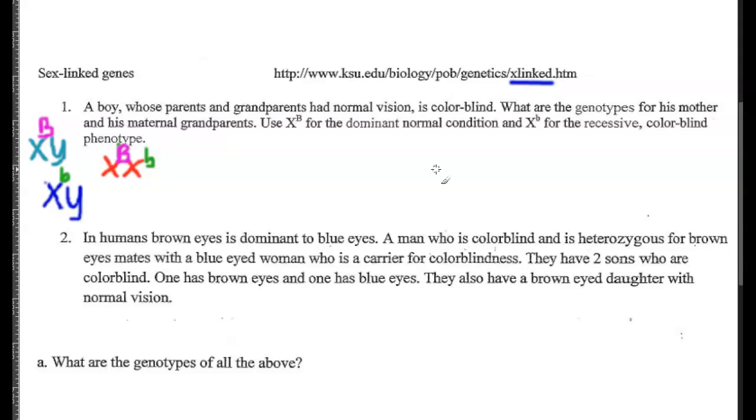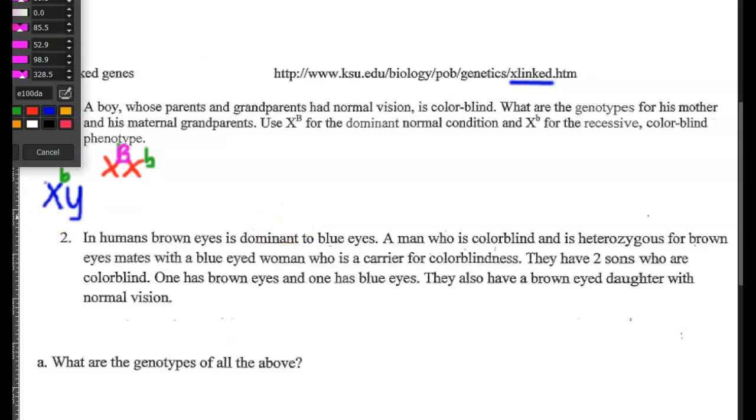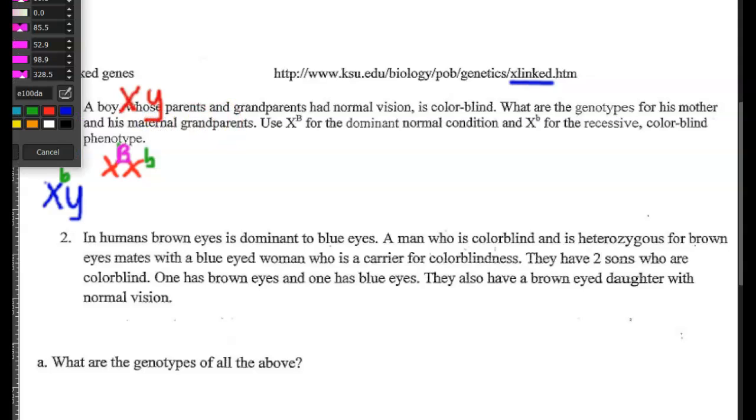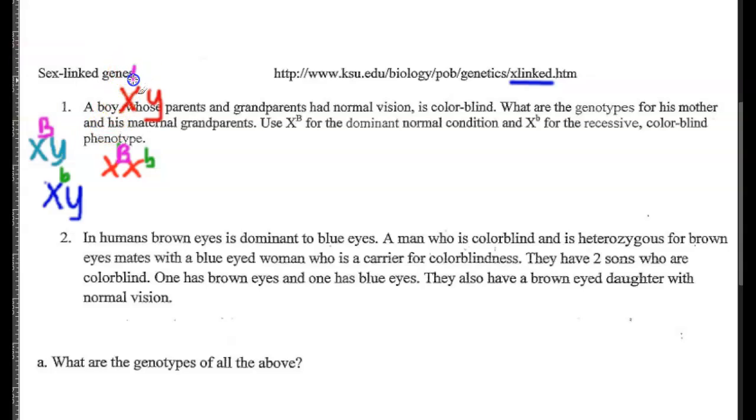Grandparents have normal vision. So let's look at her father. So I'm going to write right over this. So her father had normal vision. That's her father. We know he had a big B. Let's check out what her mother is.